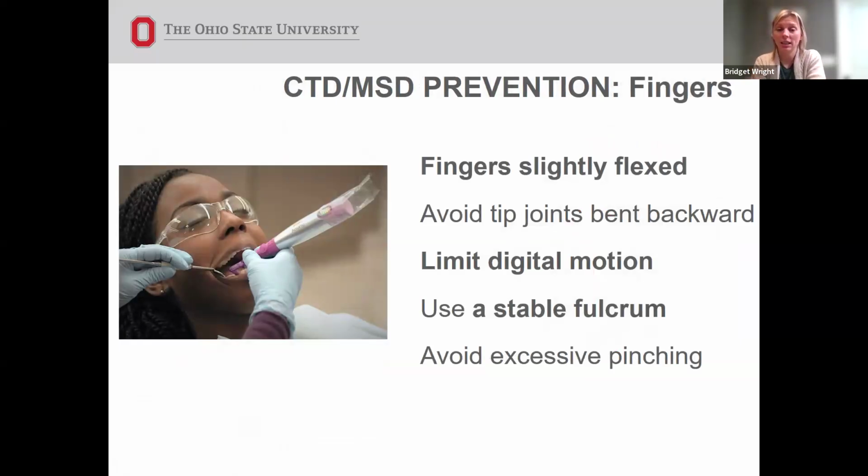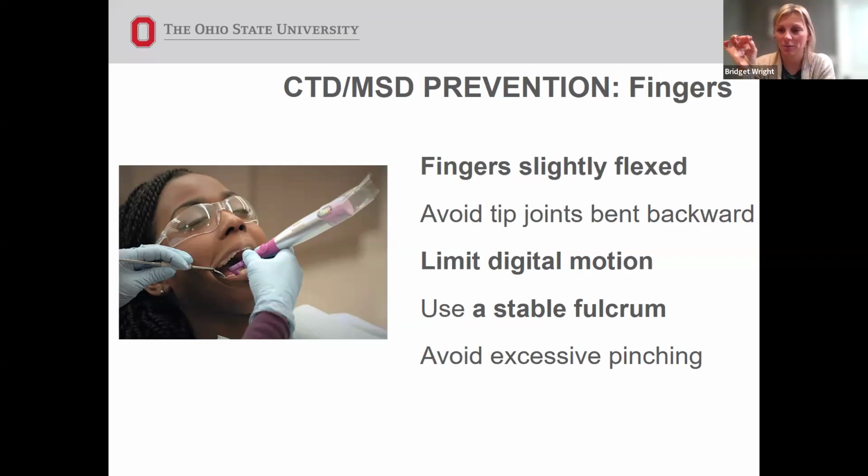Specifically for your fingers, again, I talked about trying to avoid those pinching motions. We really want to try and keep our fingers soft and light, with a light grasp. We want to avoid what we call collapsing the thumb, where your thumb bends backwards. You want to limit digital motion.